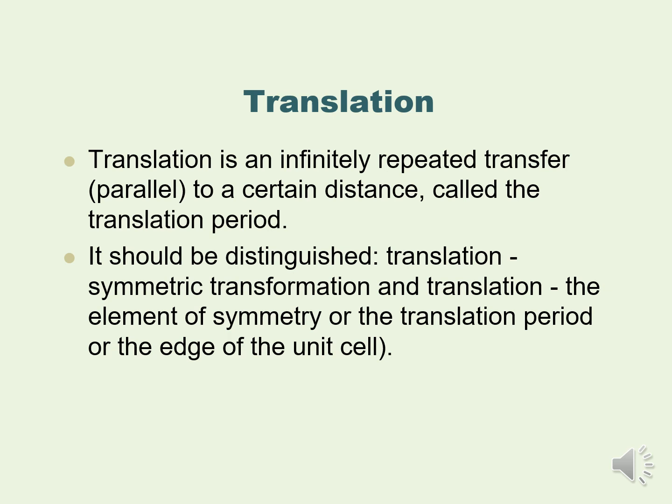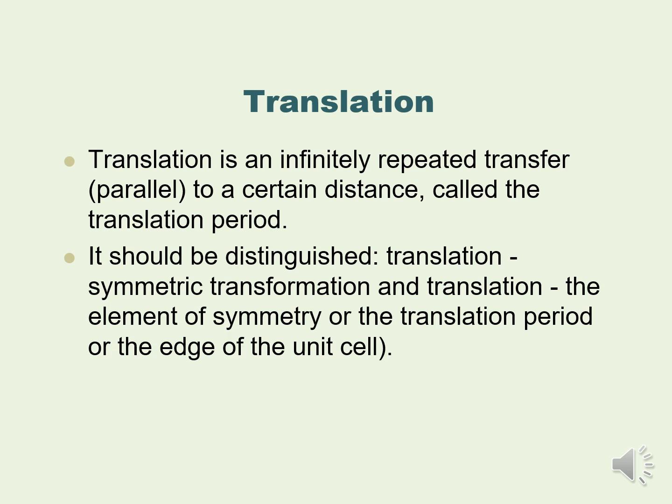On this slide, you can see the definition. What is translation? Translation is an infinitely repeated transfer, parallel of course, to a certain distance, called the translation period. It should be distinguished clearly.